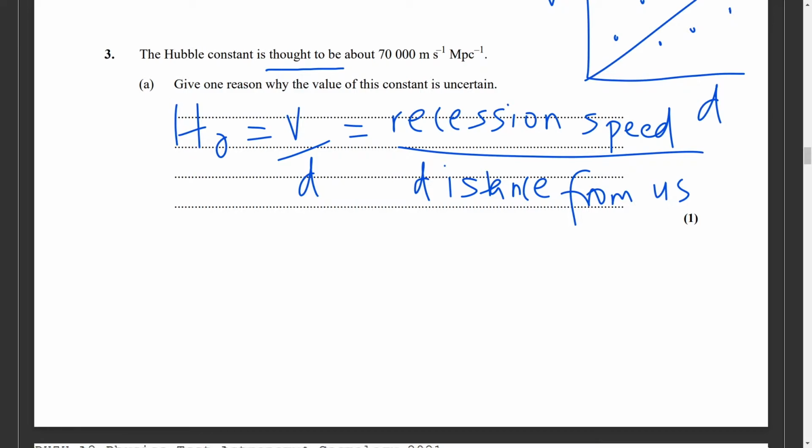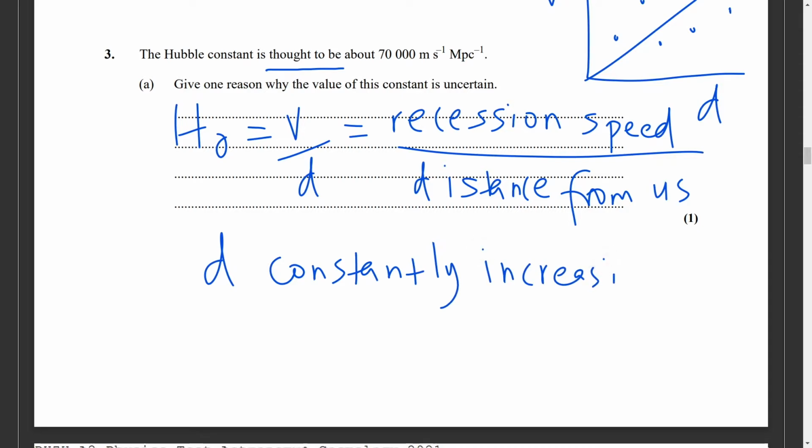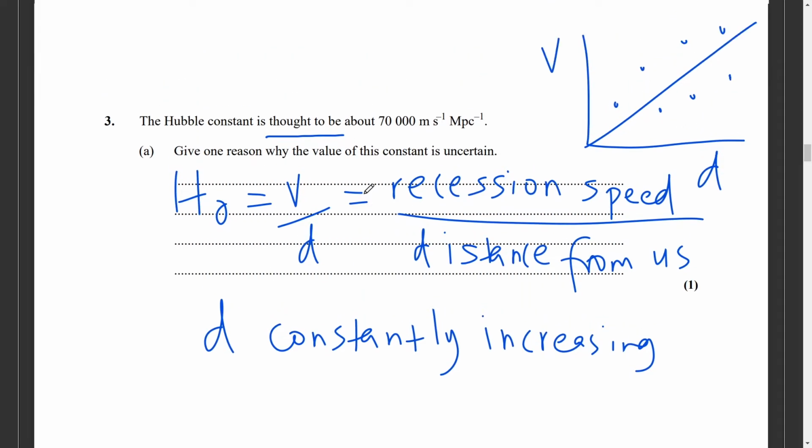All right, now listen to me carefully here. The universe is expanding. And if the universe is expanding, it means that D, the distance from us, is constantly increasing. So because D is constantly increasing, we have a slight problem, because when we go back to the graph I gave you at the start of V against D, you see that different galaxies will show different positions within the V against D graph.